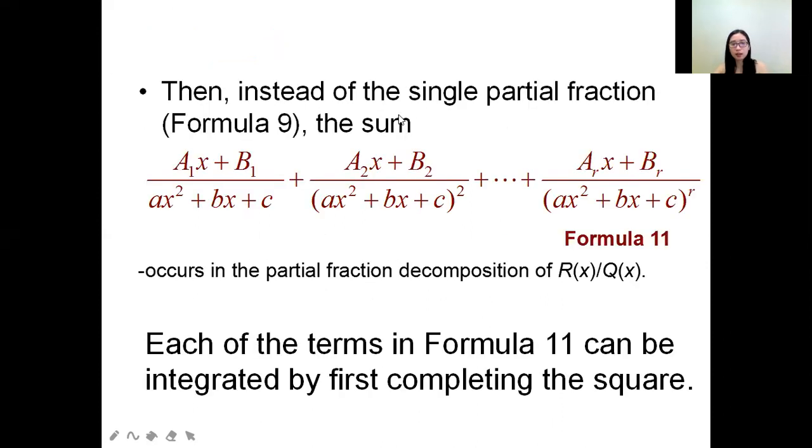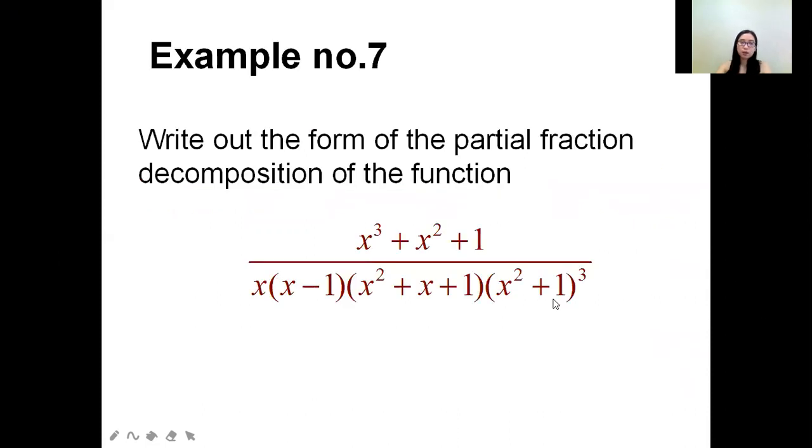So then, instead of using the single partial fraction katong formula 9, ang atong gamiton is a summation, which is now our 11th formula used in this topic. So, first, in the partial fraction decomposition, r of x is equal r of x over q of x. Each of the terms in formula 11 can be integrated by first computing the square.